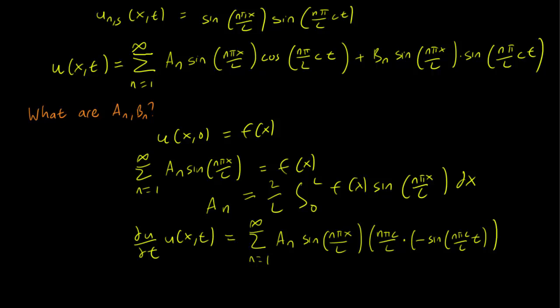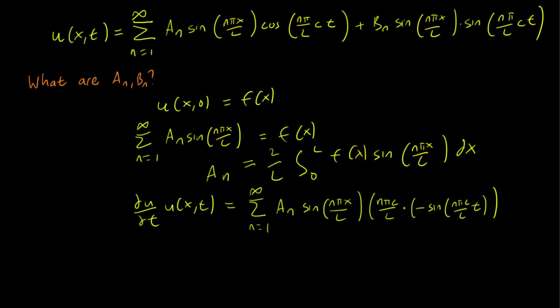There's enough brackets, I think. Yes. And then for the b_n terms, we're going to get b_n. Again, the sine term remains unchanged, but the second sine term, we're going to have to pull out the constant, n pi c over L times cosine of n pi c over L t.